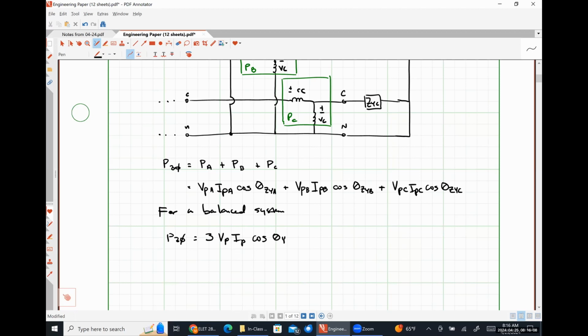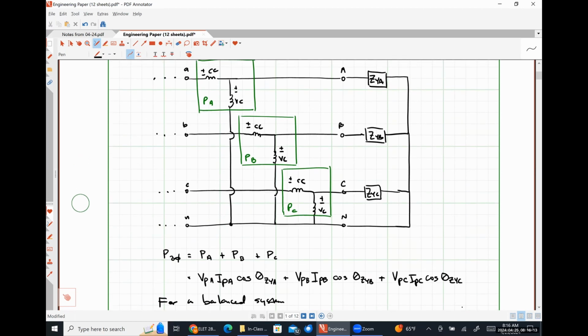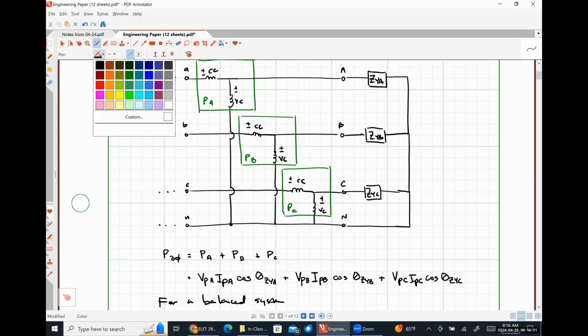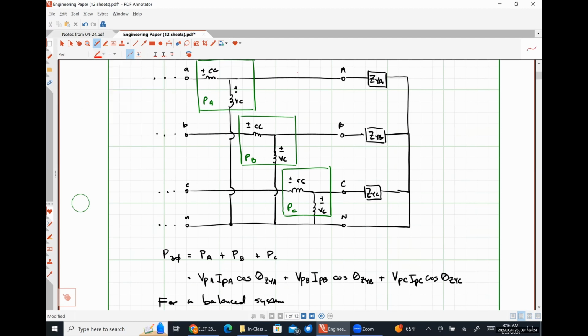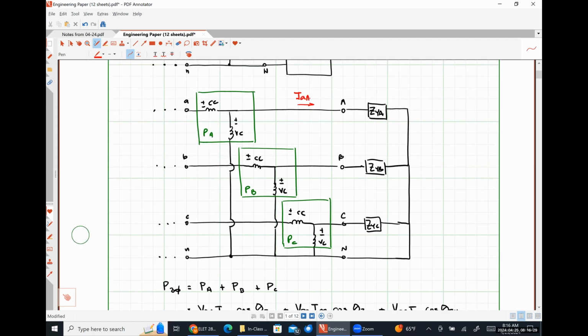So let's look at what exactly is going on here, right? So our current coil is effectively sensing this line current, IAA, which is literally the exact same thing as this phase current, IAN, which is why I said it's looking at phase currents and phase voltages.